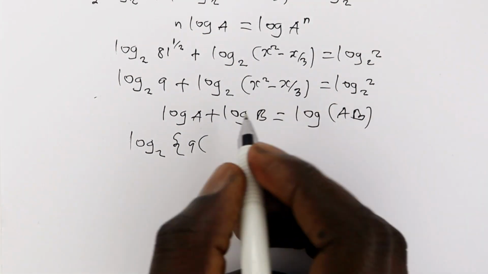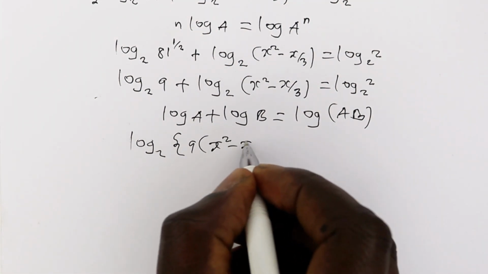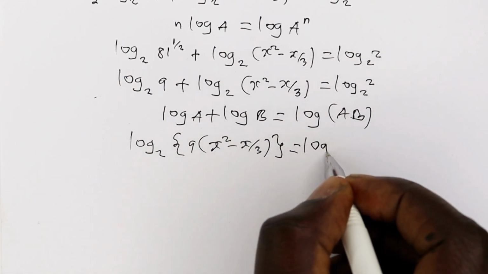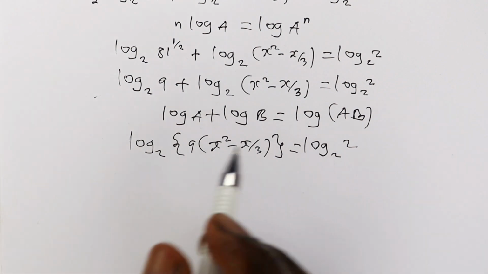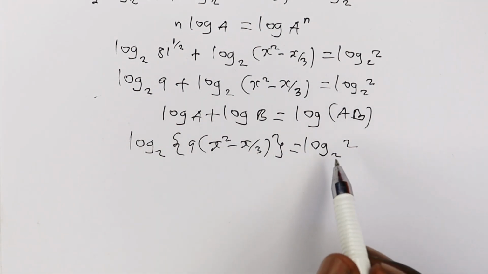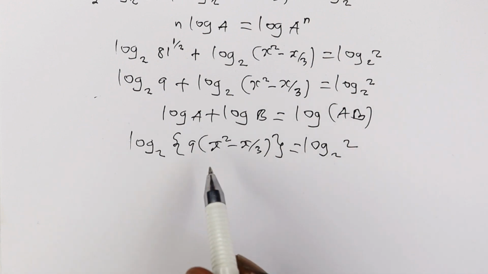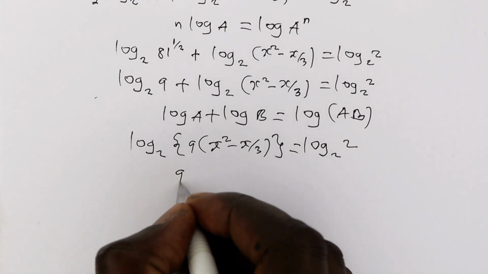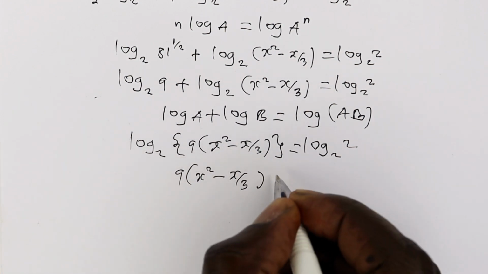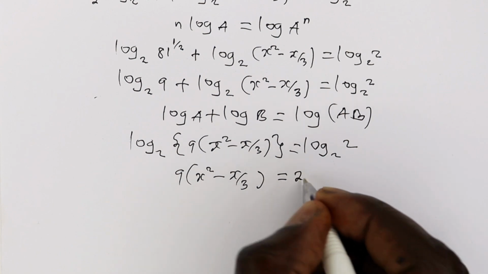We're just multiplying the numbers. That is x squared minus x over 3, and that's equal to log to base 2 of 2. So this is log to base 2 of this number, and it's the same as the log to base 2 of 2. So it therefore means that the numbers are also equal. So we can say that 9 times (x squared minus x over 3) is actually equal to 2.